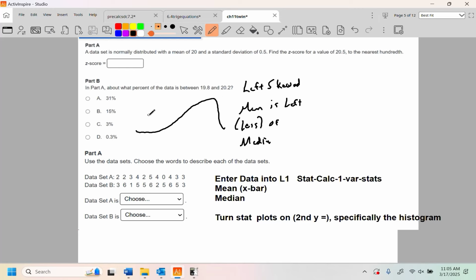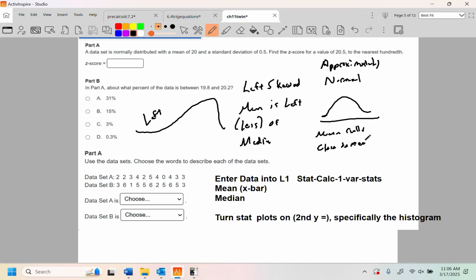You have the tail on the left. For normal, and I want to say approximately, we have a typical bell curve look, okay? The mean is really close to the median. And then we have the right skewed.